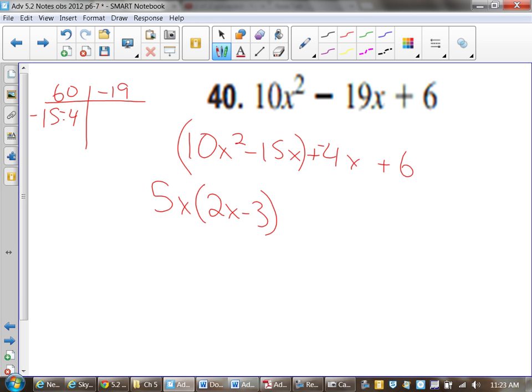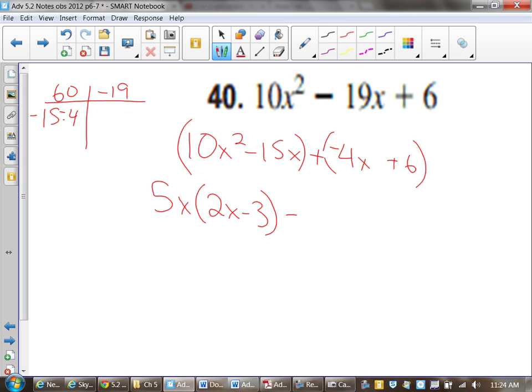Now, by changing this into a plus, with a negative here, when I group them, it reminds me to take the negative out. A lot of times you guys will forget that, and you're going to miss a sign.